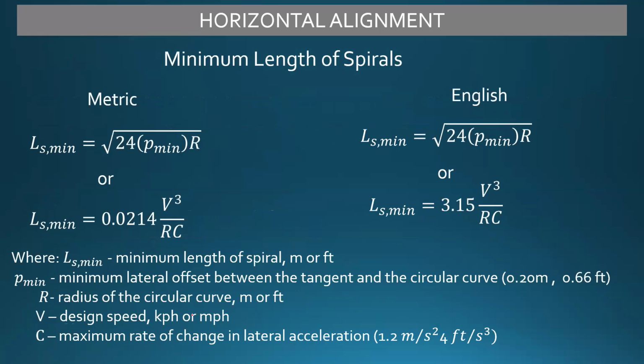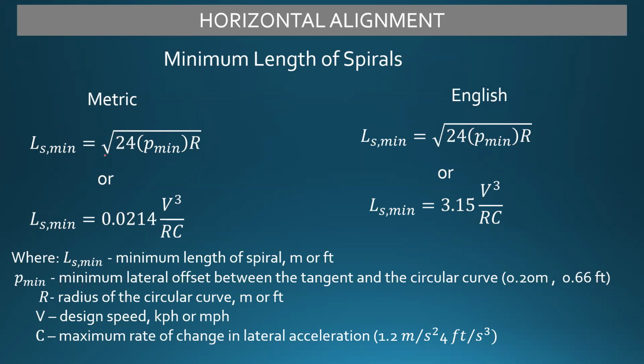For the minimum length of spirals, this is the formula used, from the AASHTO guidelines. The minimum length of spiral is 0.0214 V cubed over RC in metric; in English, it is 3.15. Here R is the radius of the circular curve, V is the design speed, and C is the maximum rate of change in lateral acceleration, the standard being 1.2 meters per second cubed or 4 feet per second cubed.